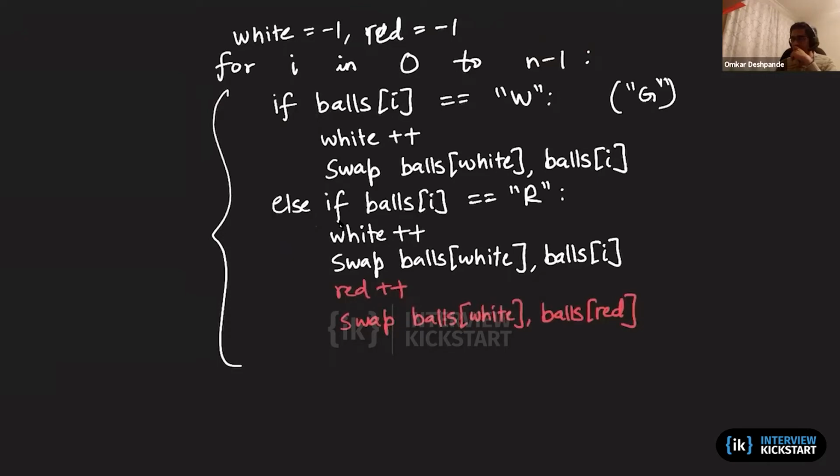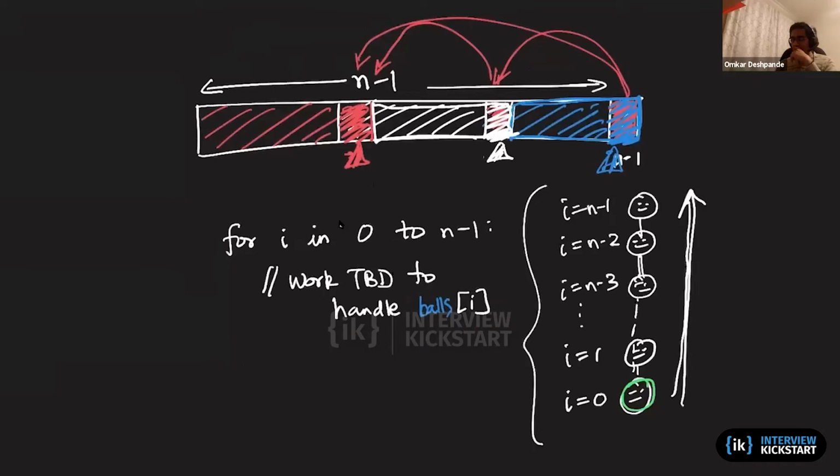And do the same if we encounter B, we swap it to the end index and move the index forward. Eventually, if we keep doing that, this gets sorted in that pattern.